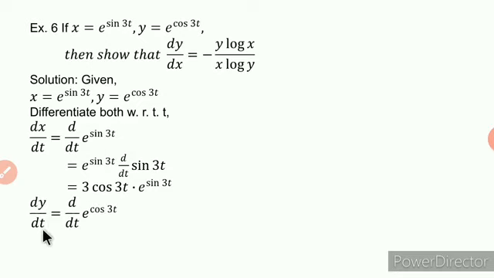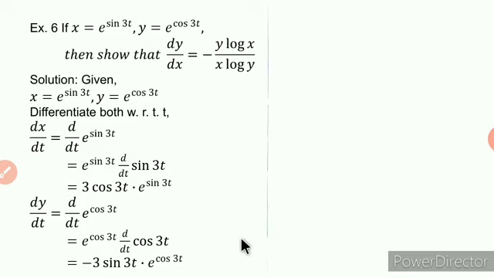And dy by dt is equal to d by dt of e raised to cos 3t. It is equal to e raised to cos 3t into d by dt of cos 3t. Derivative of cos 3t is minus 3 sin 3t. So we get dy upon dt is equal to minus 3 sin 3t into e raised to cos 3t. Now we get both the values.